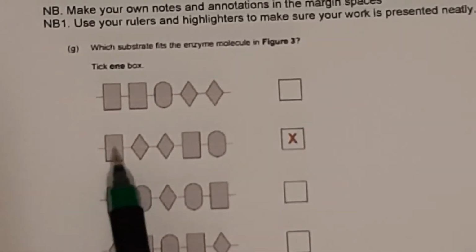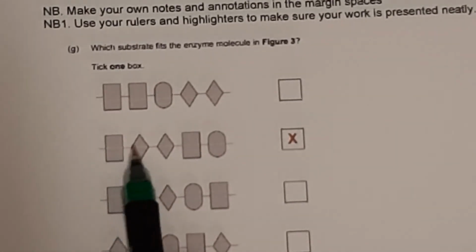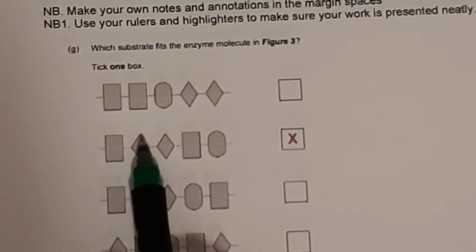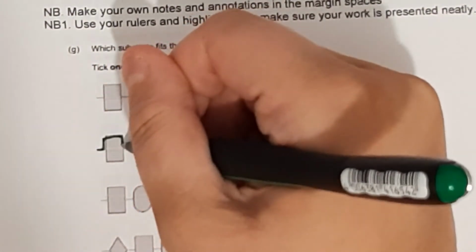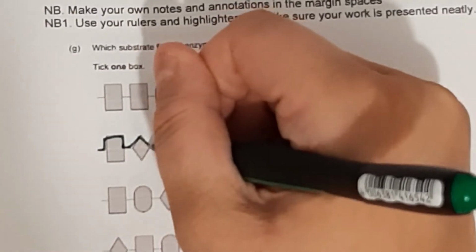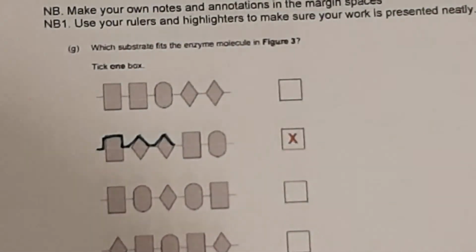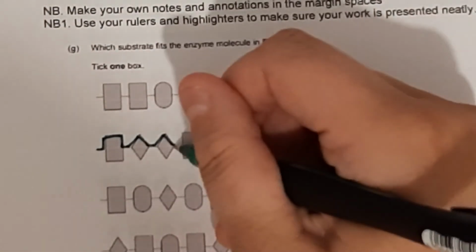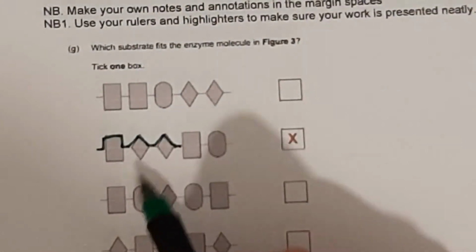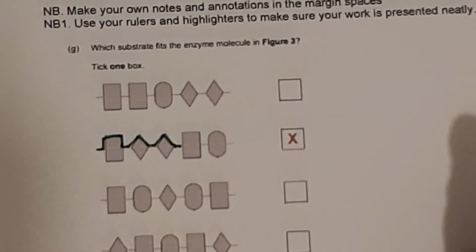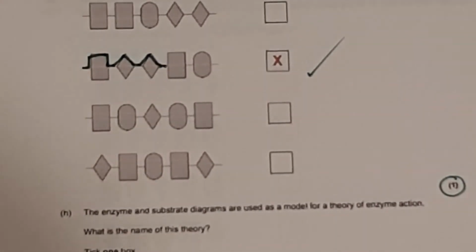Well, here we have square, or in fact rectangle, triangle because it's a diamond, there's the triangle shape, and then another triangle shape. And we can draw that outline that we've just seen in that enzyme. There we go, that's the shape from our enzyme that is going to attach to this substrate. So if you got that correct, give it a tick and give yourself a mark.